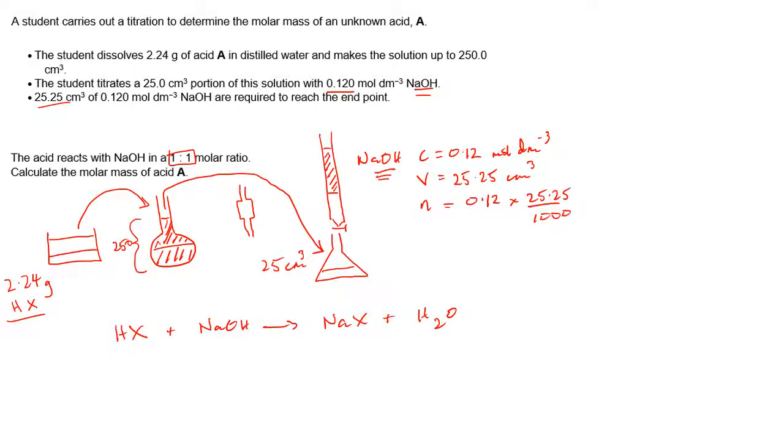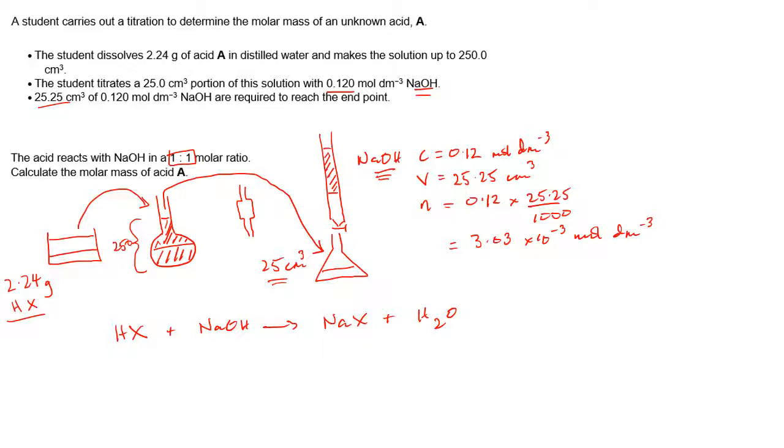And so that is 3.03 times 10 to the minus 3 moles. Just done that quickly, hopefully it's right. So that's our number of moles of sodium hydroxide that were required to neutralize 25 cm cubed of our acid.